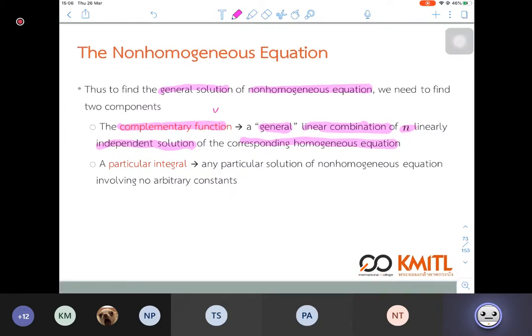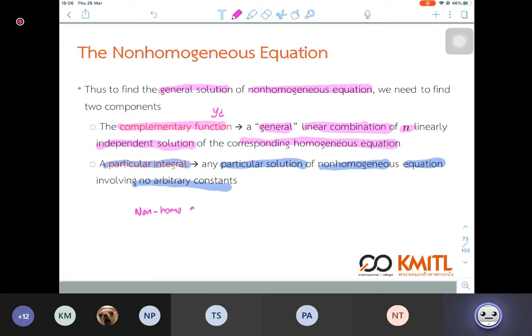And actually this is YC. Another term you're going to need to find is the particular integral. And this is a particular solution of the non-homogeneous equations without any arbitrary constant. So let me put it down in a way that's easier to understand.